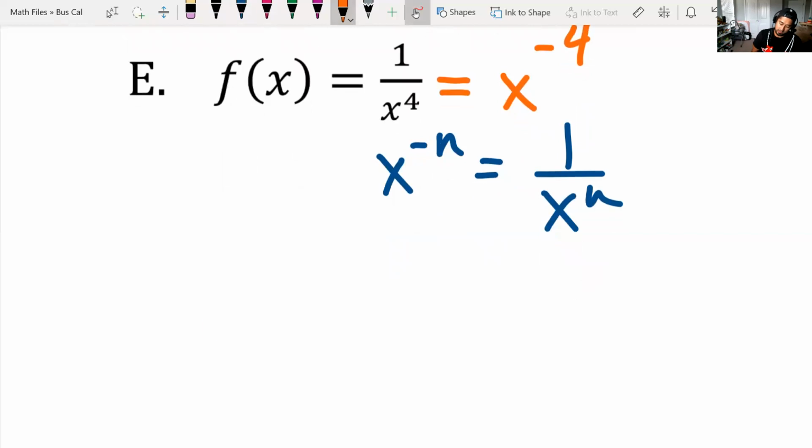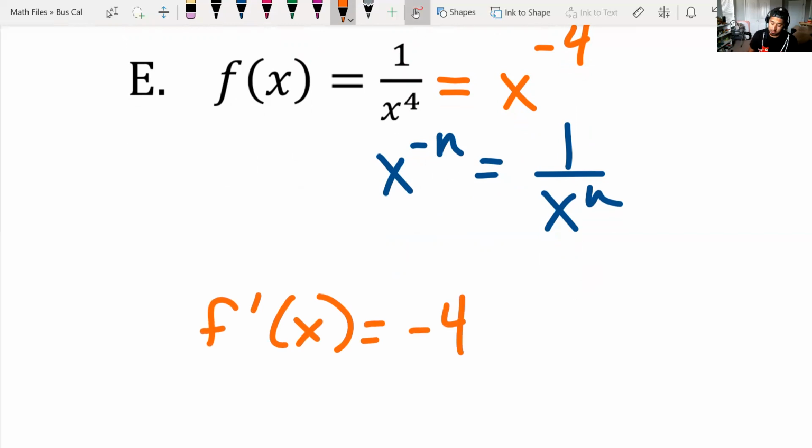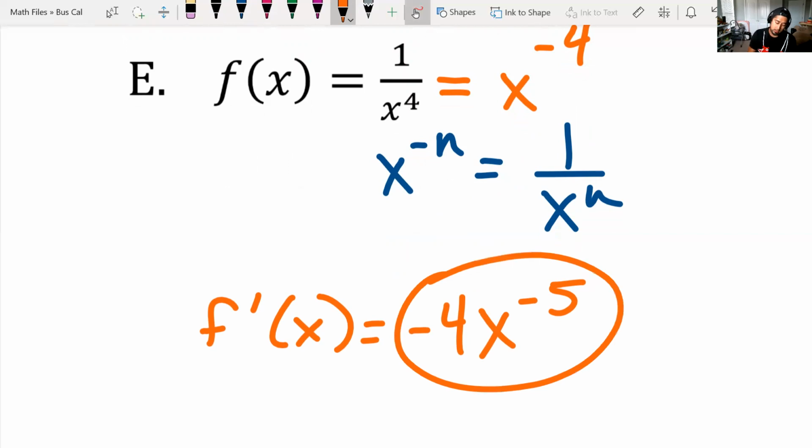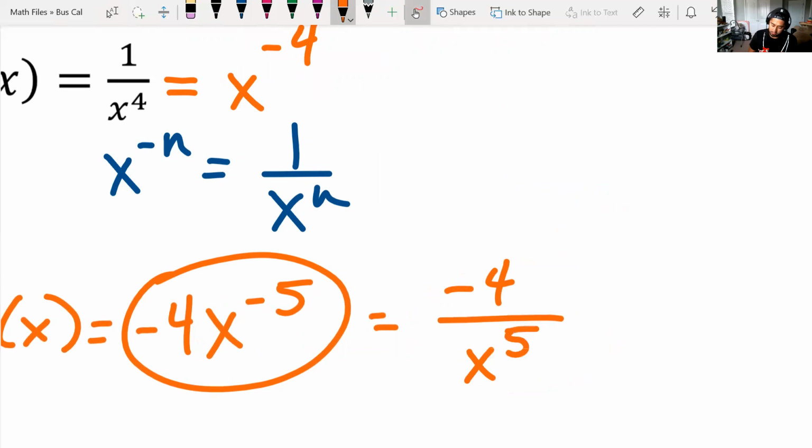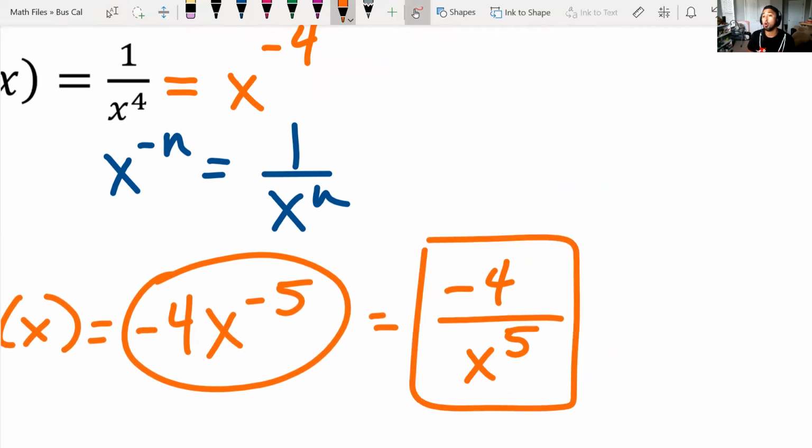So we'll say f prime of x, that negative 4 comes down, and you get negative 4x to the negative 5th. All right. Once again, this is good, but if you have to rewrite it, this has to become negative 4 over x to the 5th.